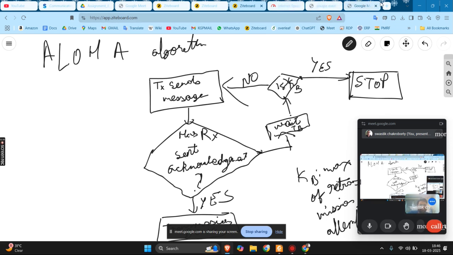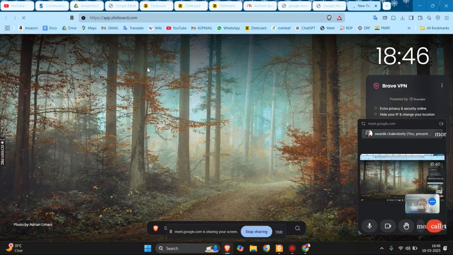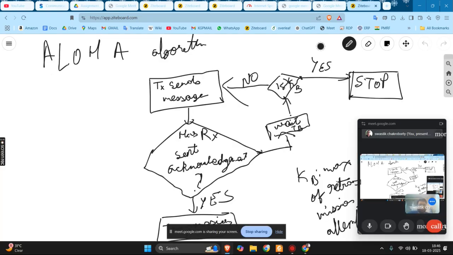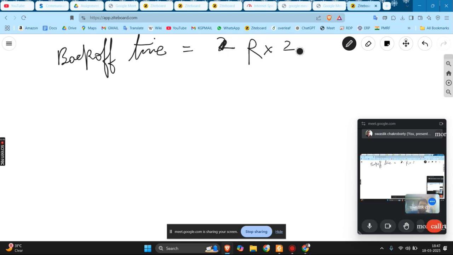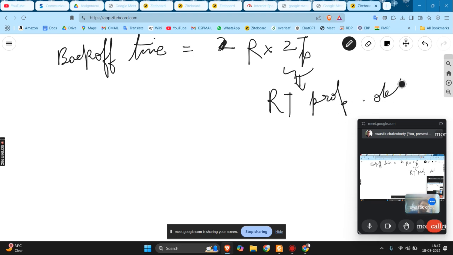So the backoff time will be R into 2 TP. Here 2 TP is the maximum round trip propagation delay. Now what is this R?